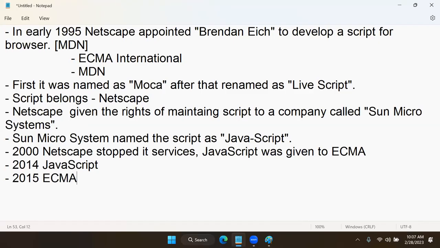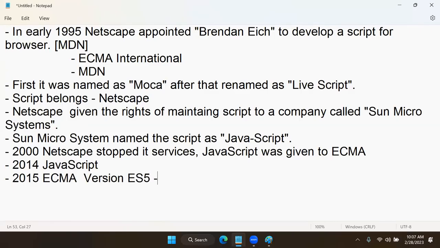ECMA thought, why just maintain? Let's develop this, add new features to this so that we can contribute, because JavaScript is widely used, 80% on the web is JavaScript only. In that case, why can't we just maintain, not only just maintain, why can't we add more features to this? And they started adding new features from 2015, and they started releasing the version called ES6.